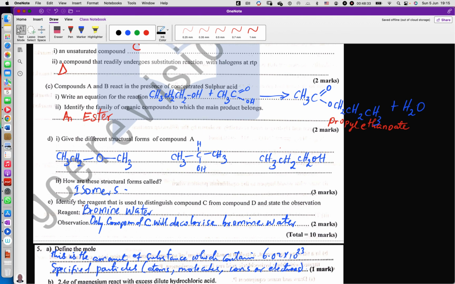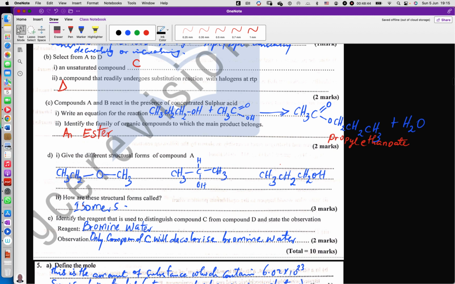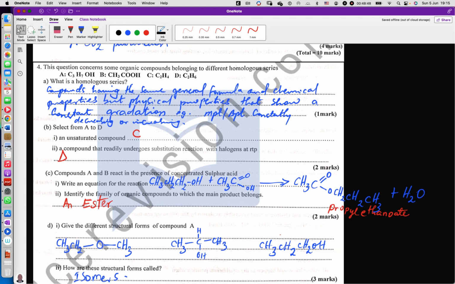Give the different structural forms of compound A. Compound A has 3 carbons, 8 hydrogens, and 1 oxygen.